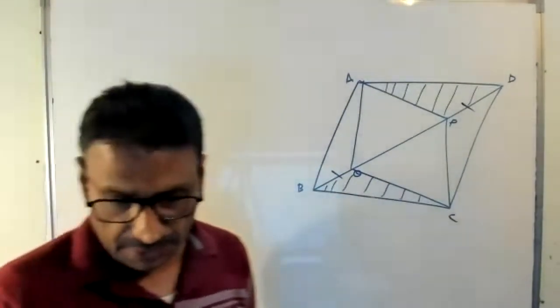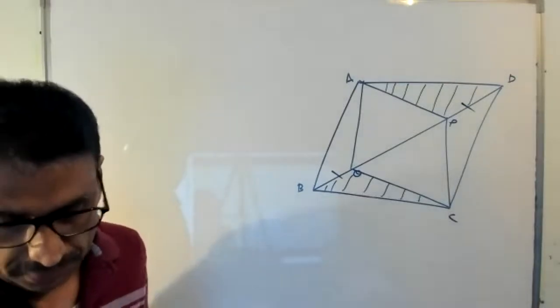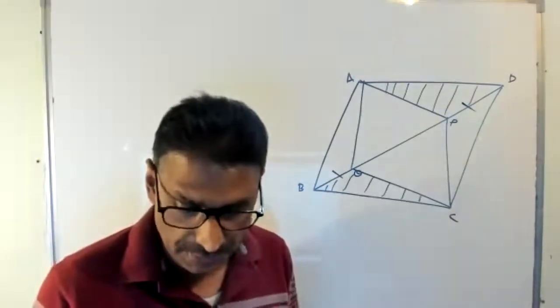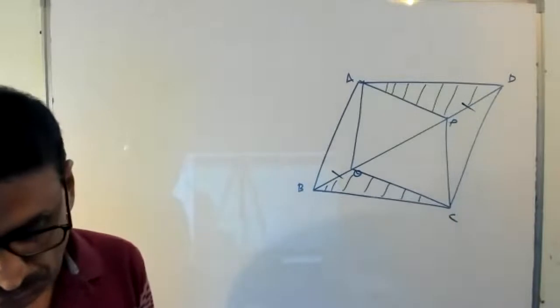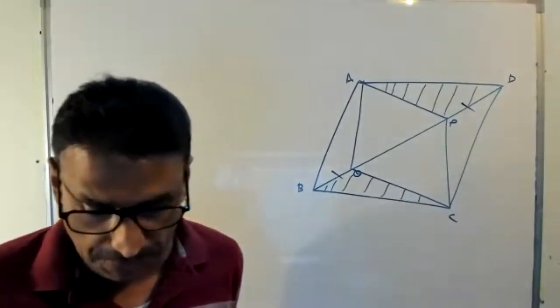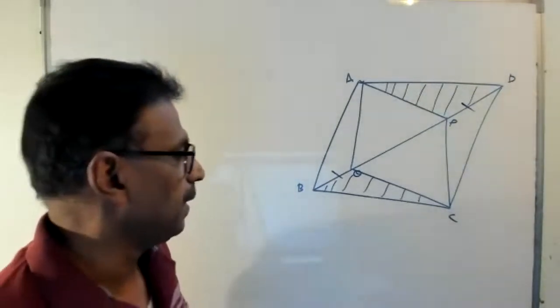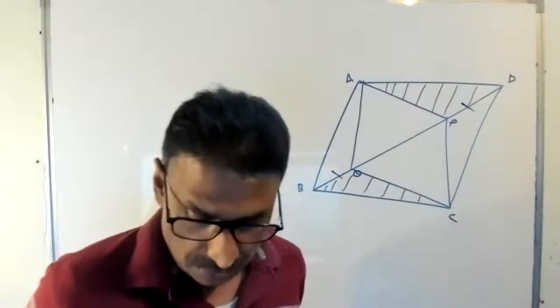Listen, in a parallelogram ABCD, 2 points P and Q are taken on diagonal BD such that DP equal to BQ. Show that APD is congruent to BQC.